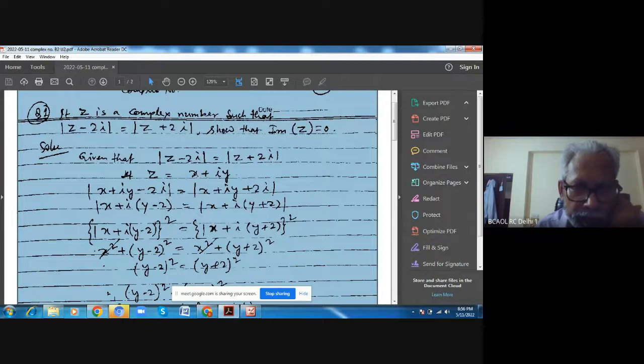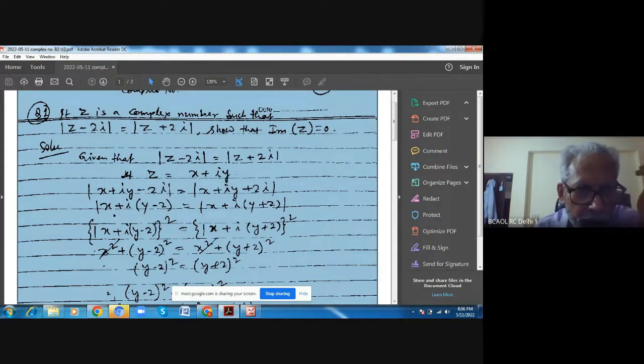So that Z I can put here as X plus iota Y, minus 12. And on the other side also Z is there, so I can put in place of Z X plus iota Y, and this is plus 2 iota. Then you can multiply it.